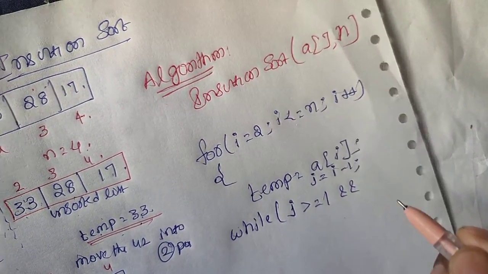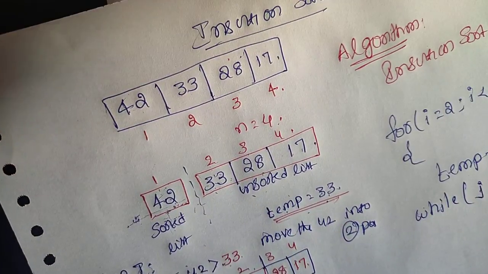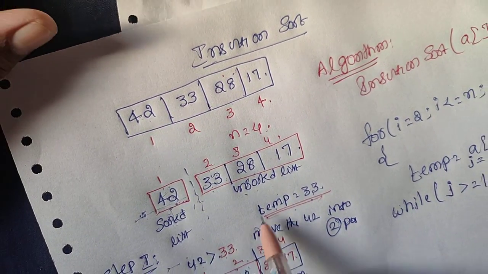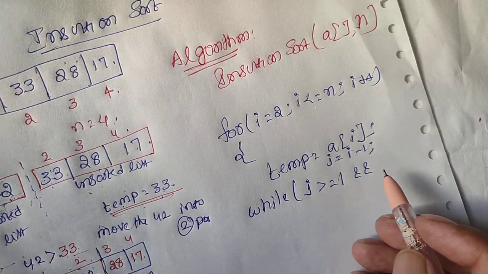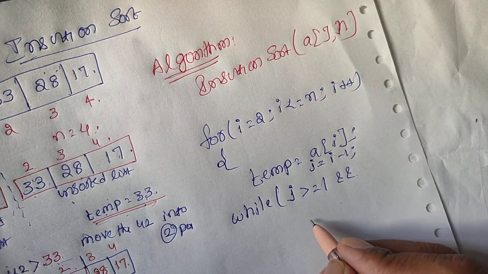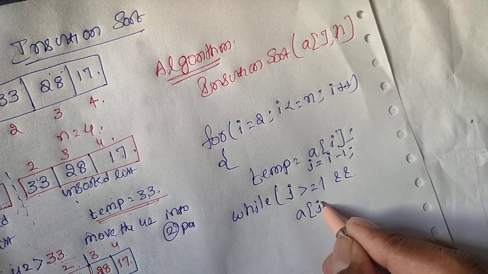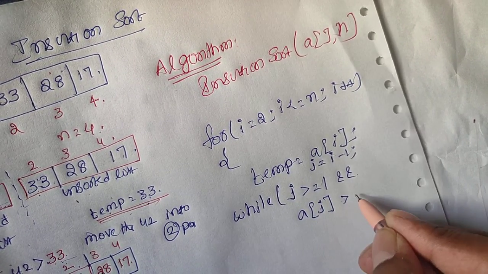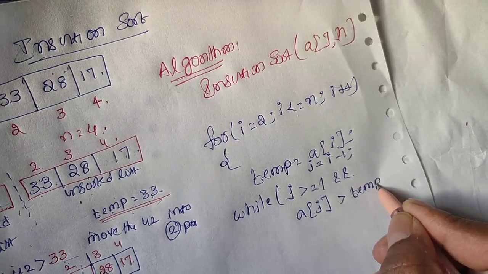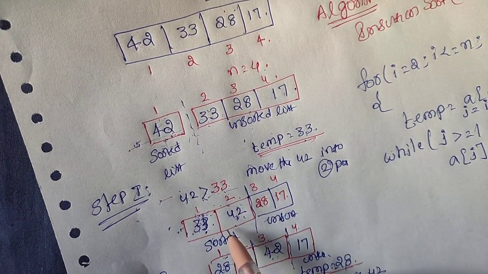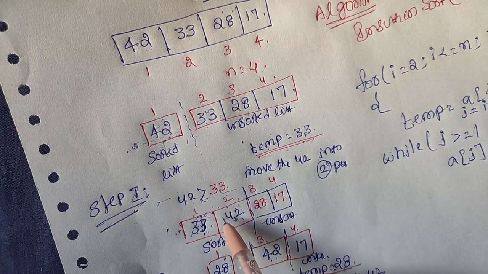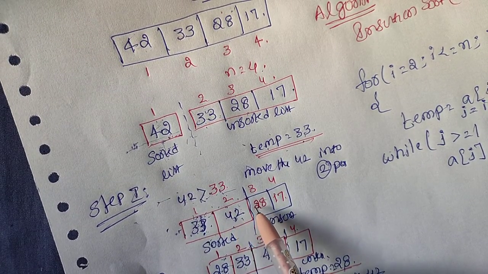And also, when we are comparing, only if it is greater than, then only we move. That means we take a of j greater than temp. That means we are comparing, that is, 42 is greater than 32, then only we will move it one position up. That means it is stored at the j plus 1 position.